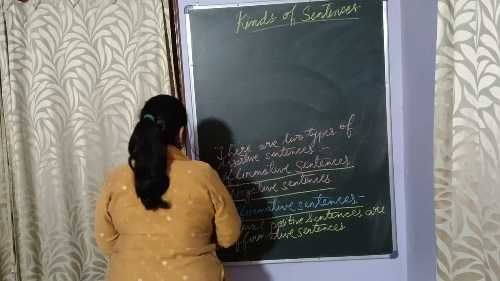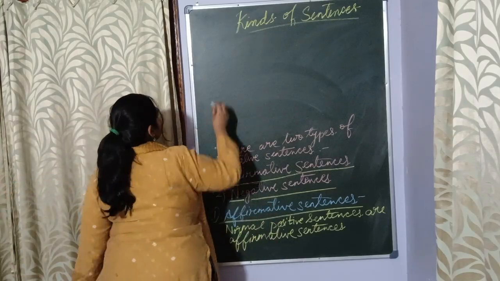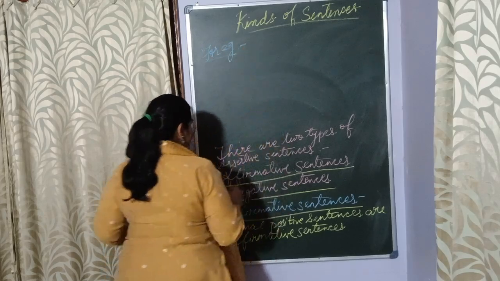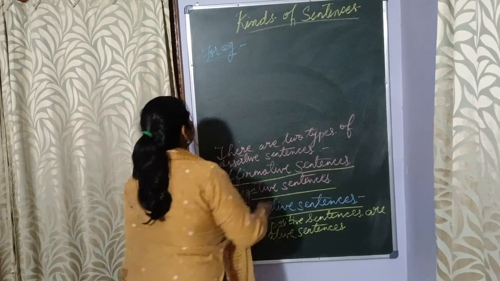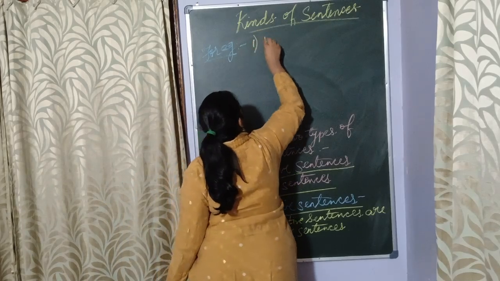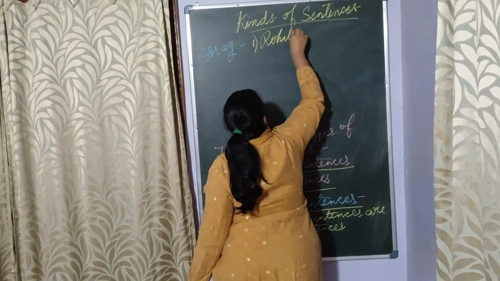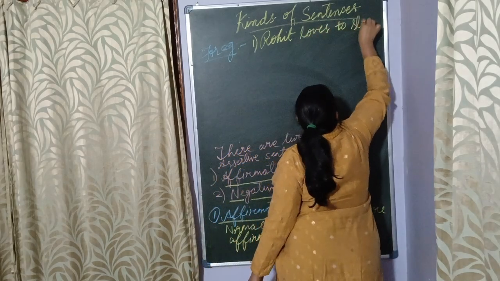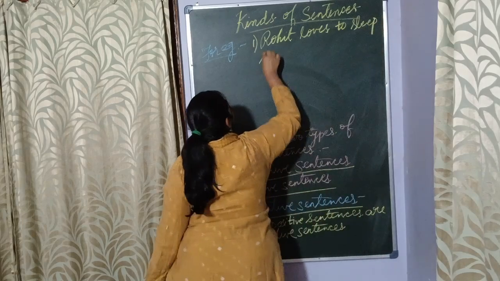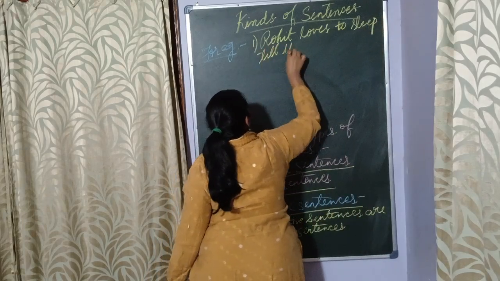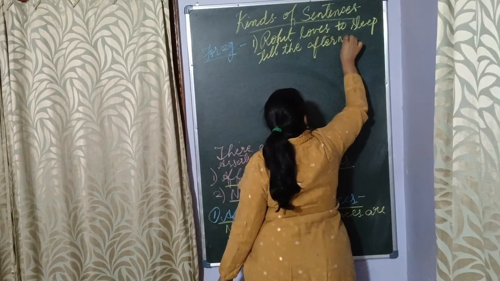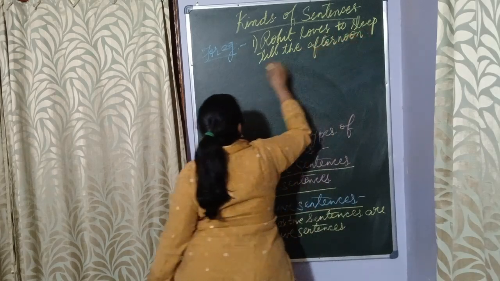For example, Rohit loves to sleep till the afternoon. He loves to sleep till the afternoon.